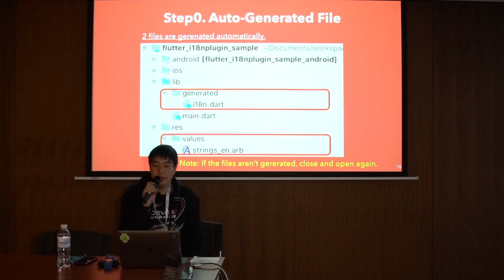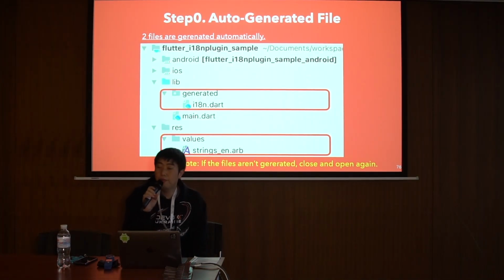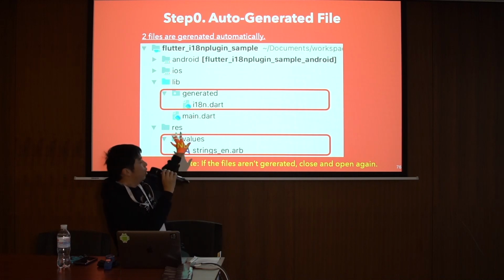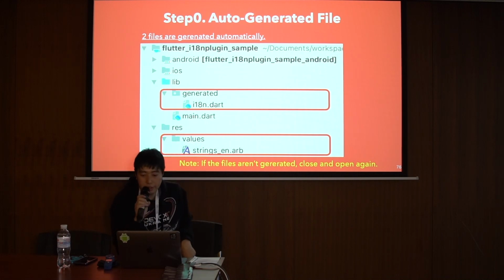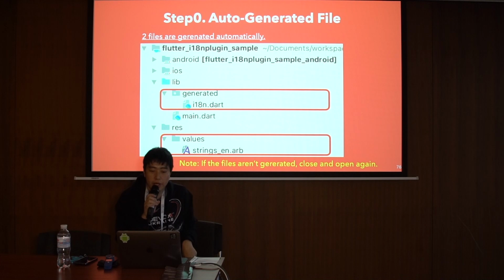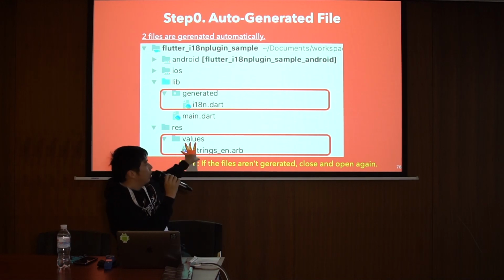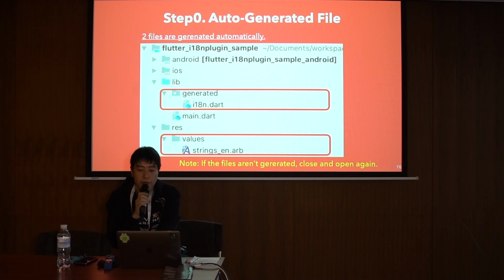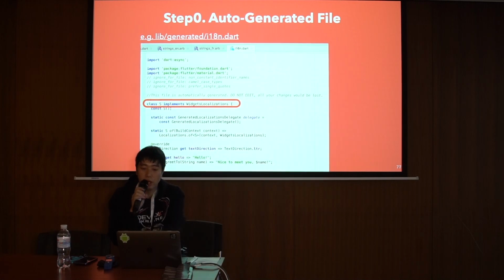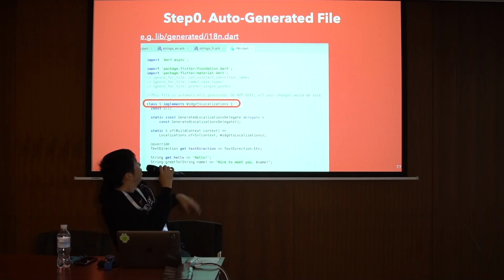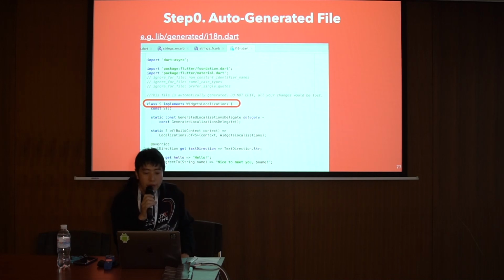After applying this plugin, two files are automatically added into our projects: i18n.dart and strings.n.arb. These files are automatically generated into our project. This is the i18n.dart file.